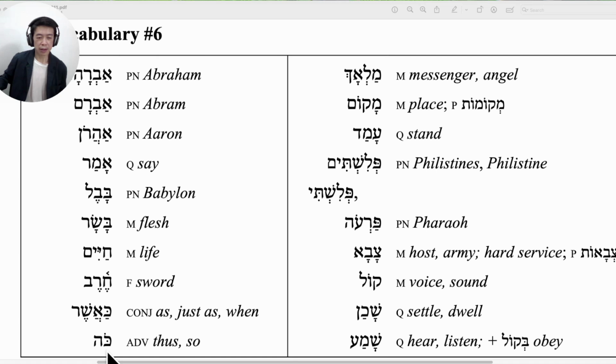In Hebrew, it's pronounced as ken. The next word is the first word on the top right. It means messenger or angel. In Hebrew, it's pronounced as mal'ach.